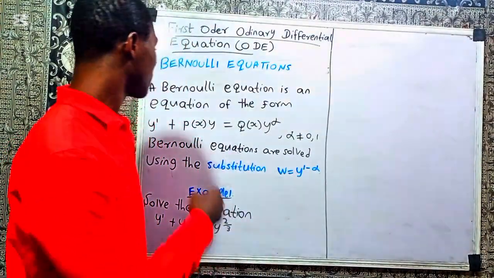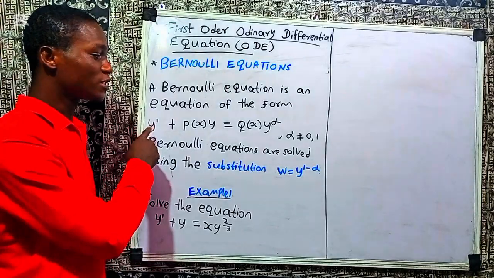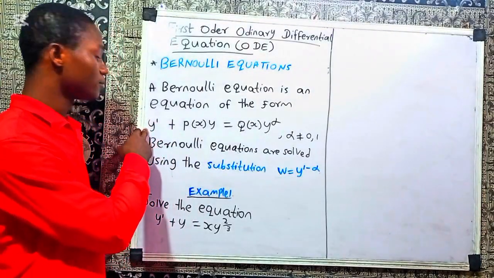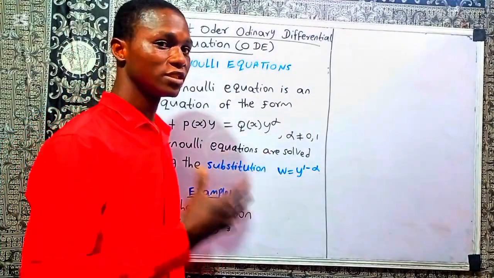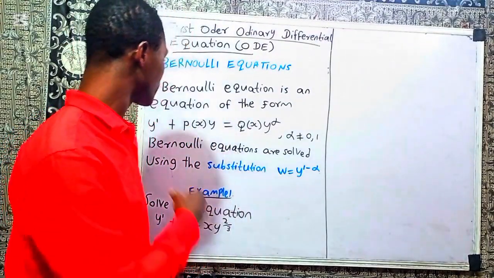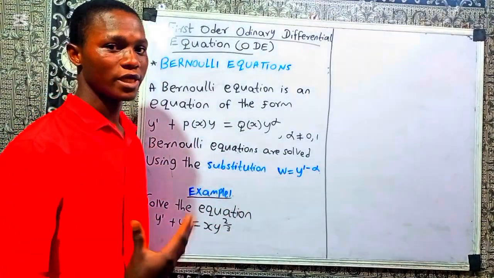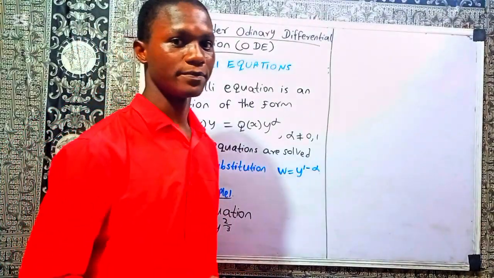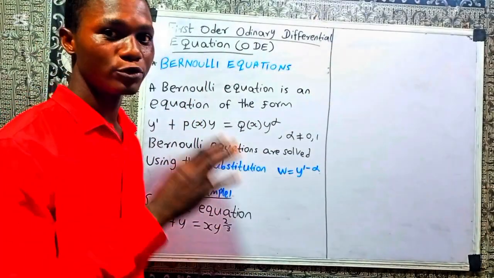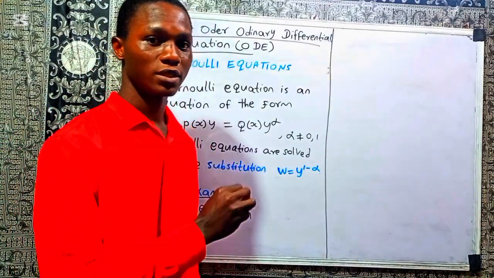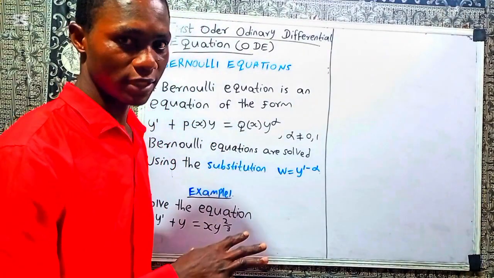We are changing the dependent variable from y to what? w, so that we can solve the problem, right? With examples you are going to see how we use this substitution to solve problems.